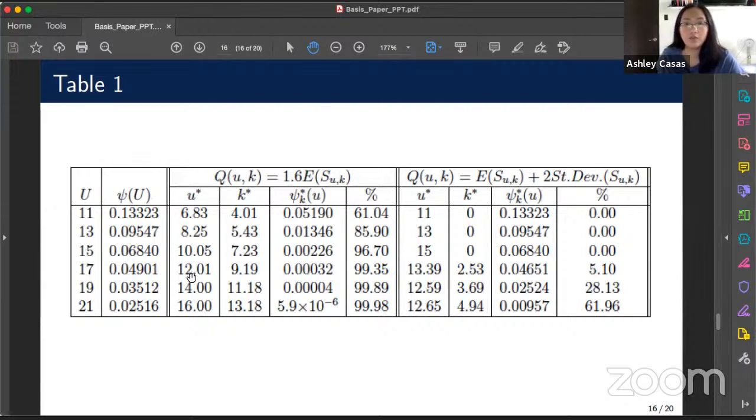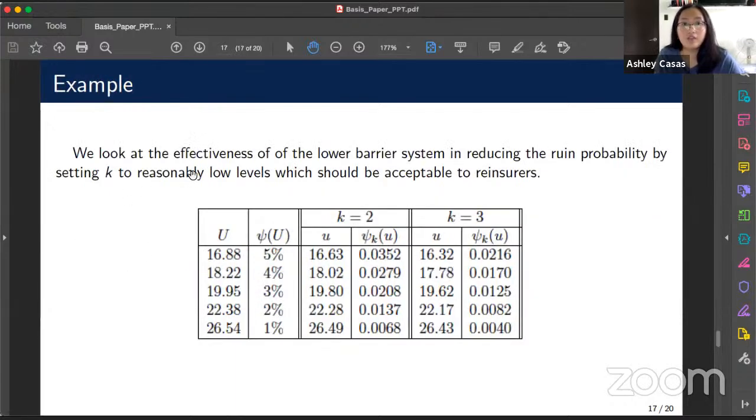Because that will mean more reinsurance, more injections that they would have to give. So we solve that issue by setting K to reasonably low levels.